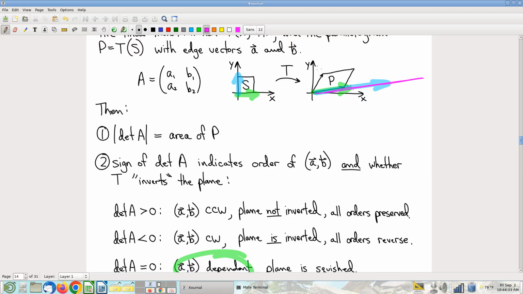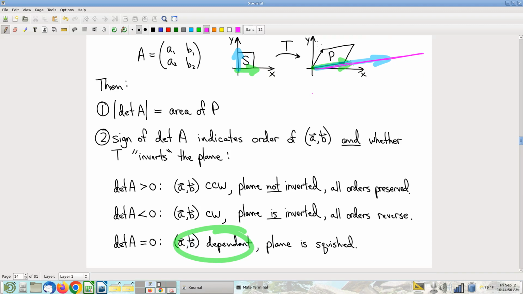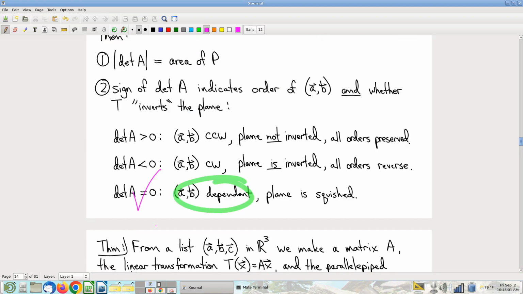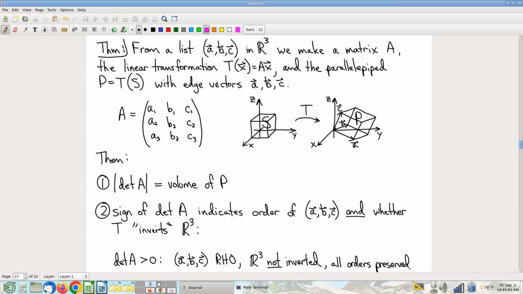And so the image of all of this area would not be another piece of area. The image would be nothing. And so in some form or another, what the linear transformation does is kind of squish things down to flat. So that's what happens if the determinant is 0.